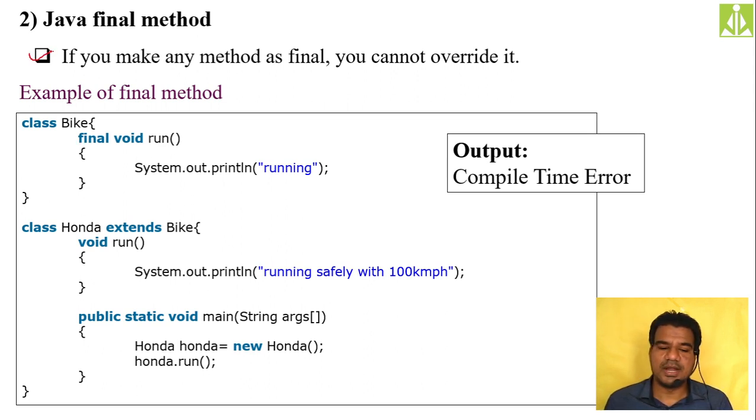So here you can see I have taken the same bike class, and I'm taking another Honda class. Inside that bike I'm taking only one method, that is a run method, and in that I'm keeping a normal SOP statement, that is running. After that I'm extending the Honda from bike class: class Honda extends bike.